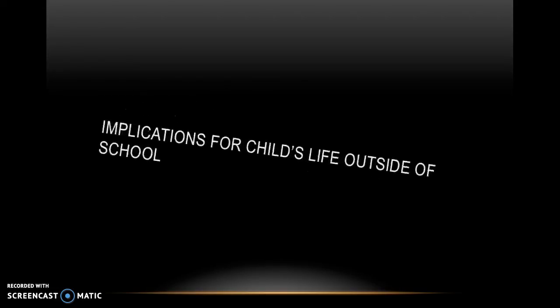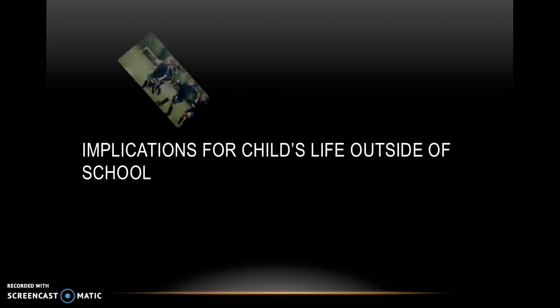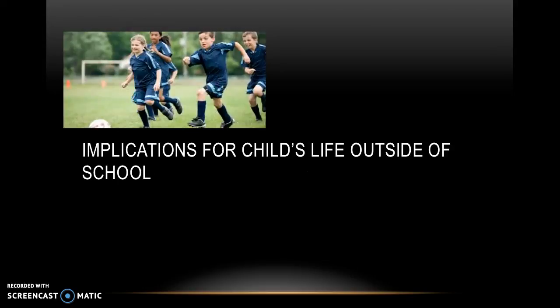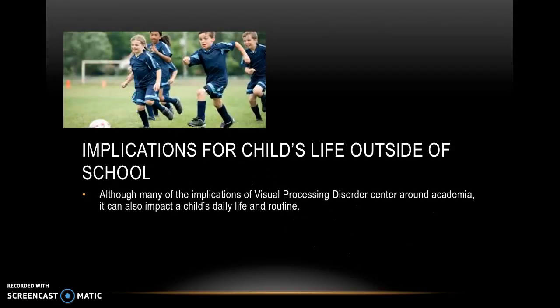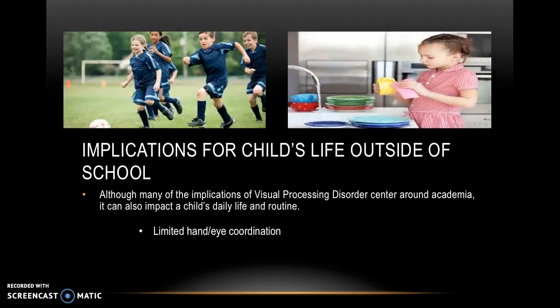Although many of the implications of visual processing disorder do have to do with learning and a child's experience within a classroom, there are some implications for the child's life outside of the classroom as well. The limited hand-eye coordination that comes about because of the visual motor processing issue can make it difficult for a child to participate in sports and other extracurricular activities.